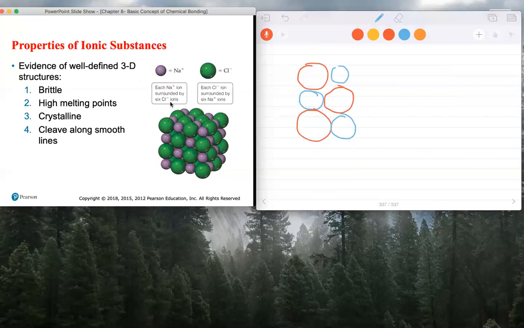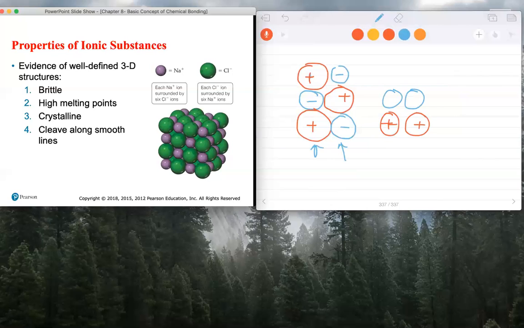Why we say brittle is, if this is positive, this is negative, this is positive right here, and this is negative. You are dislodging this arrangement in such a way that negative and negative will be together, and positive and positive will be together, like that.